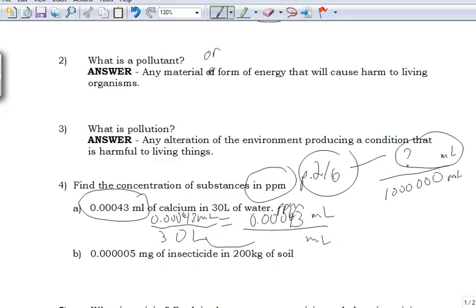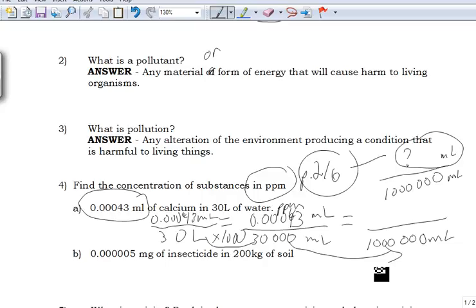So what is that? You've got to times it by 1,000, and so that's 30,000 mils. The next step, now that we have the units, top and bottom, let's make it out of a million. So 30,000, how much do we have to multiply by to make it out of a million?